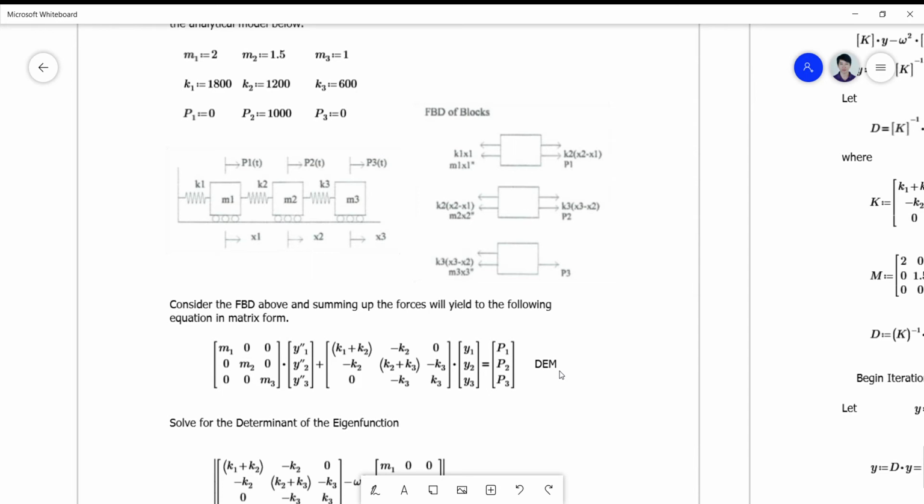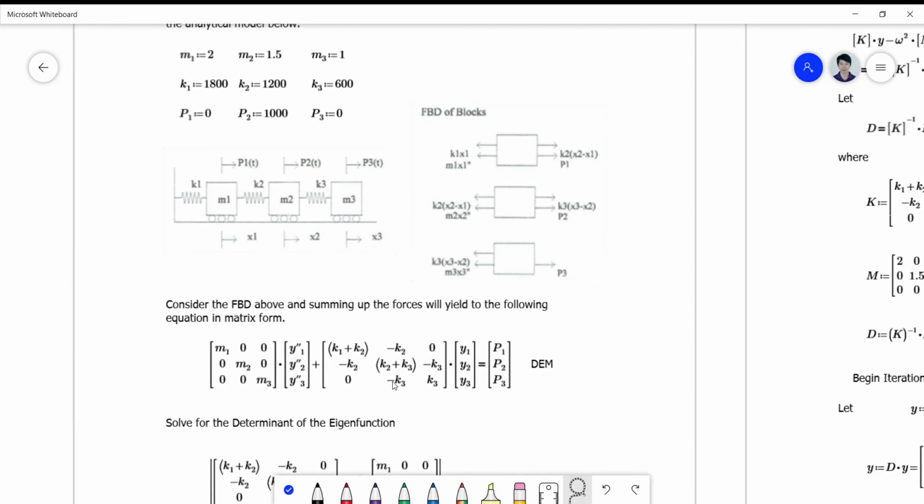And I'd like you to look into the pattern in which the degree of freedom formulates the K matrix. So if you will observe in the two degree of freedom system, the K matrix has these components.